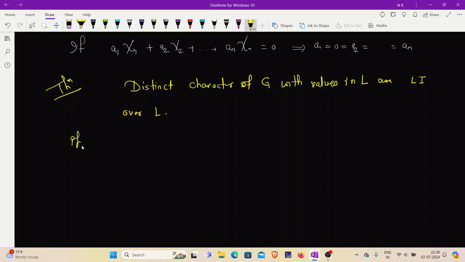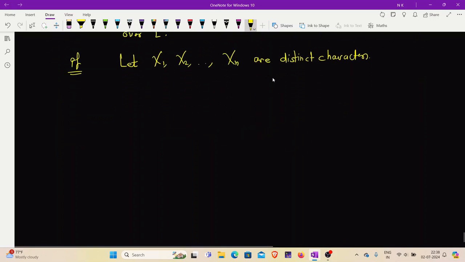We'll prove it here. Let chi1, chi2, so on chi-n be distinct characters. We want to prove that they are linearly independent. So let's assume that they are dependent.